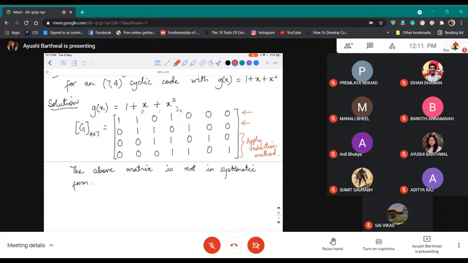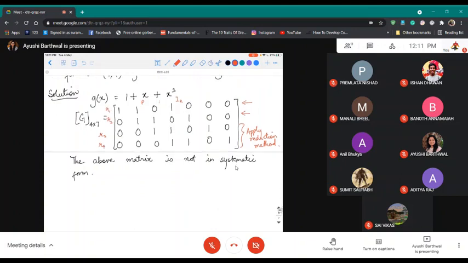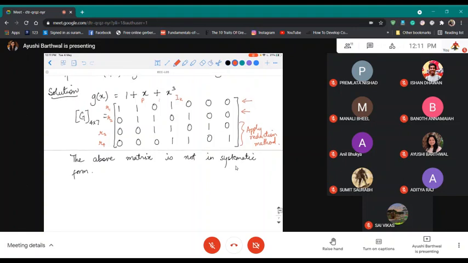Let's call these R3, R4, R1 and R2. For applying the matrix reduction method, if we want it to look like an identity matrix, we have to make this term 0 and these two terms also 0.